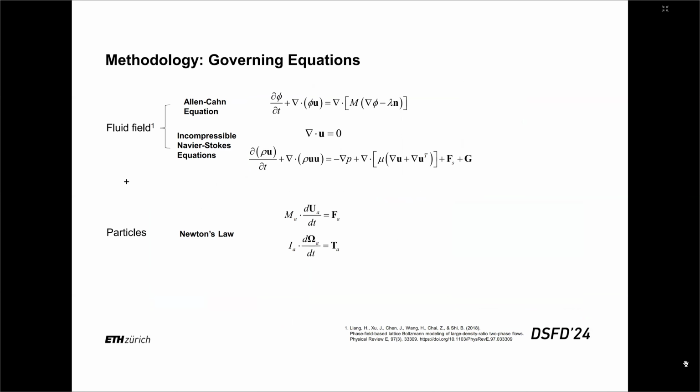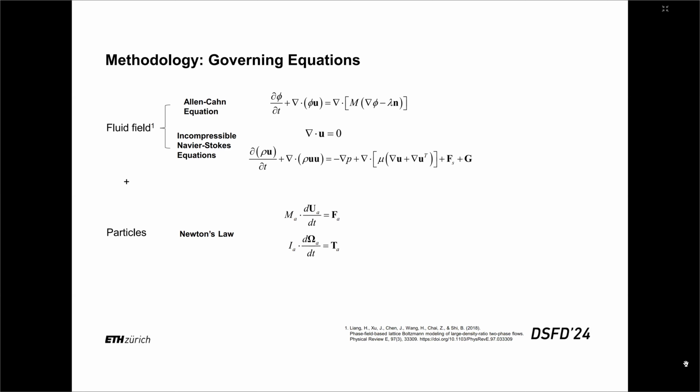Speaking of large density ratio, the phase field lattice Boltzmann method is a powerful method. Here we apply the phase field lattice Boltzmann method proposed by Liang. In this scheme, the Allen-Cahn equation is used to track the evolution of the interface between gas and liquid, and phi in the equation is the order parameter used to identify the liquid and gas.